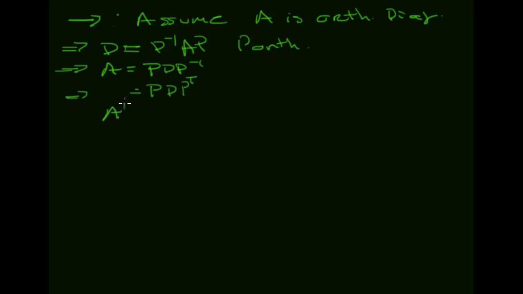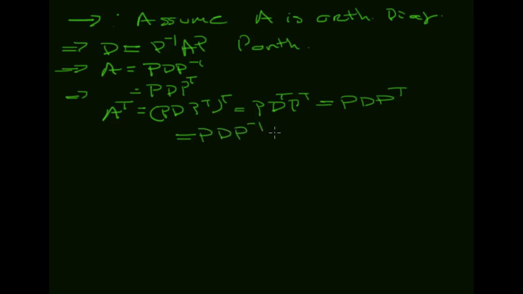So this means that A transpose has to equal P D P transpose, transposed, which is just P D P transpose, because a diagonal matrix transposed is itself. Which is the same as P D P inverse, which is the same as A, which means that A is symmetric. So I've proven this.